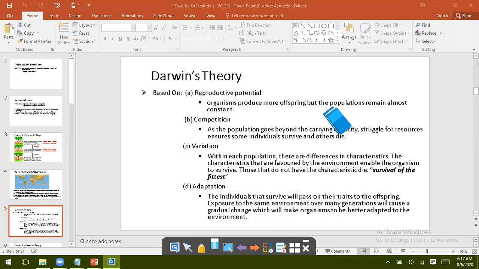So these four factors allowed him to come up with the natural selection theory. Anyway, we'll come to that natural selection theory later.